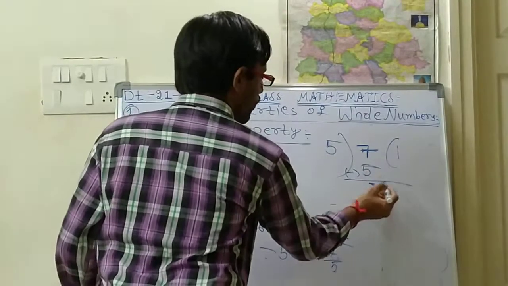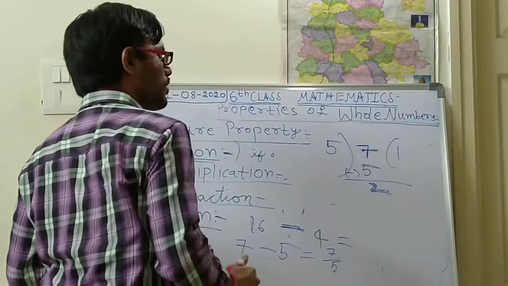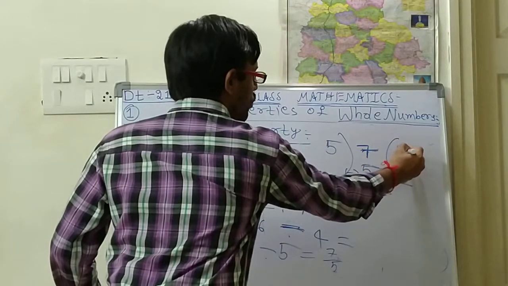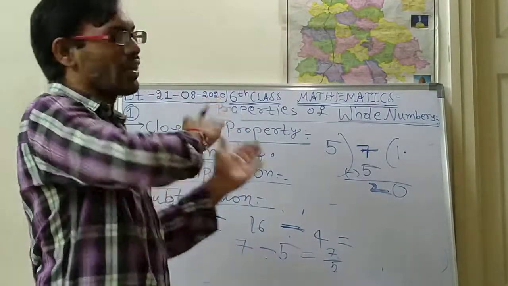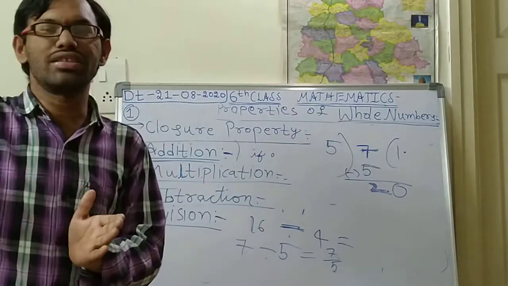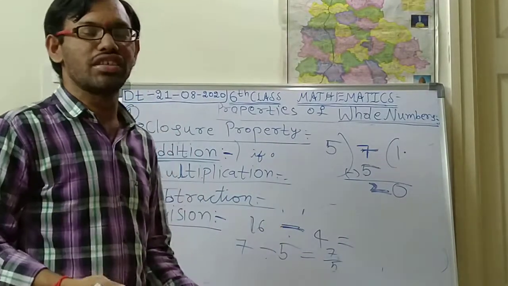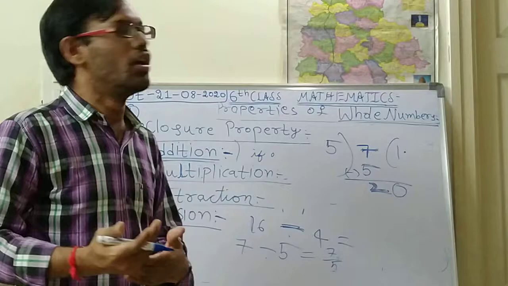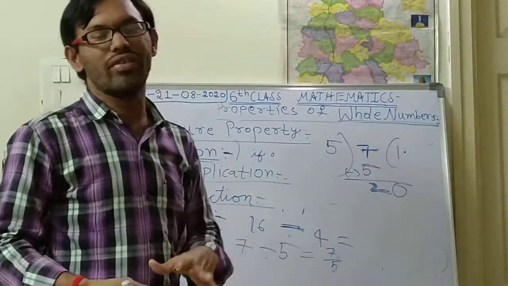If you want to continue the division, we have to put a decimal point. Why? Because the number is going on decreasing, so the number gets into the fractions of decimals. In the next concept you will understand this division very easily.